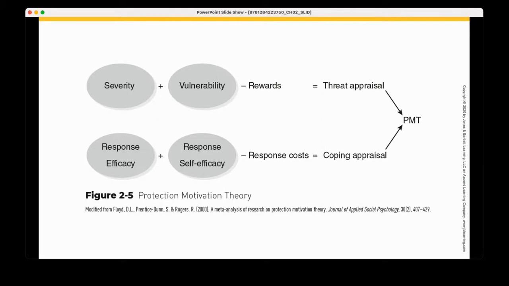Also, you think about your response self efficacy. Here we go again, we've got self efficacy all over the place. How self efficacious do you feel about being able to do that response? Take smoking, for example, or vaping. Anybody who has a nicotine addiction may feel like it's pretty severe.